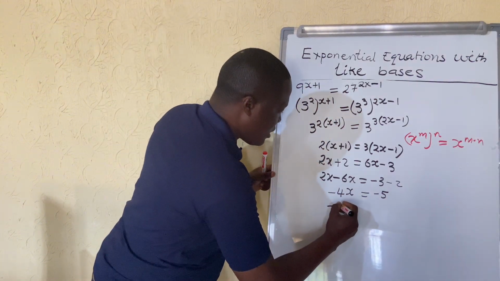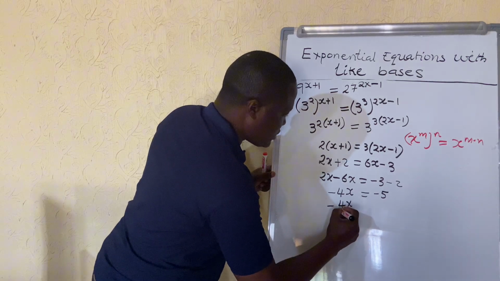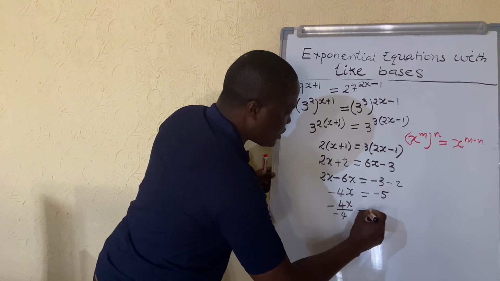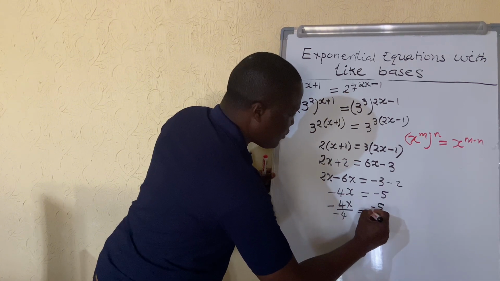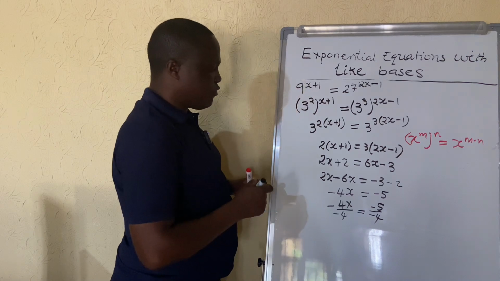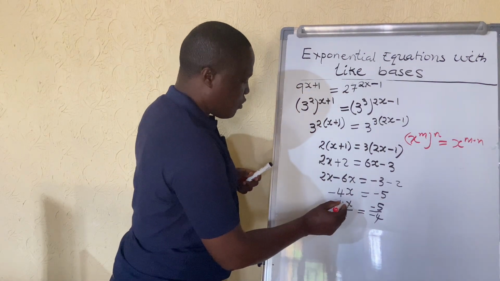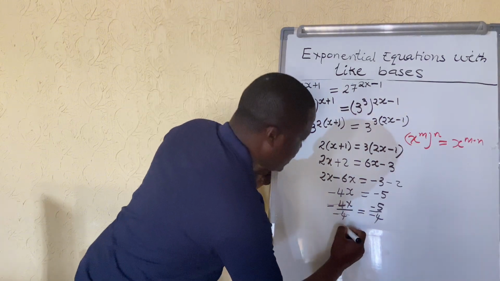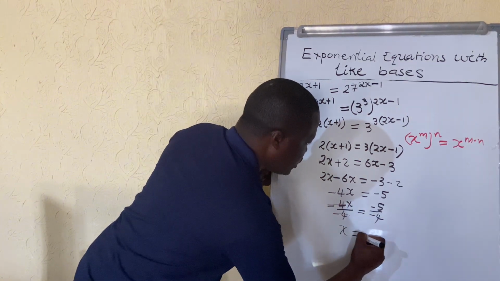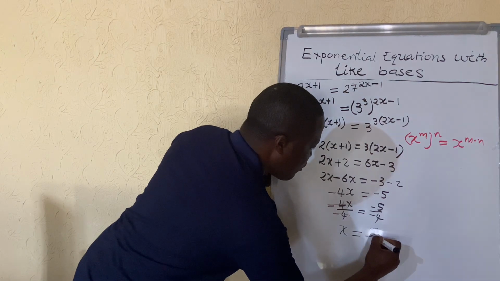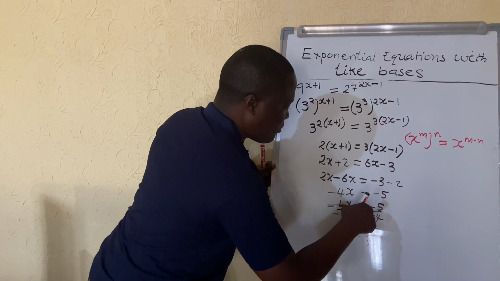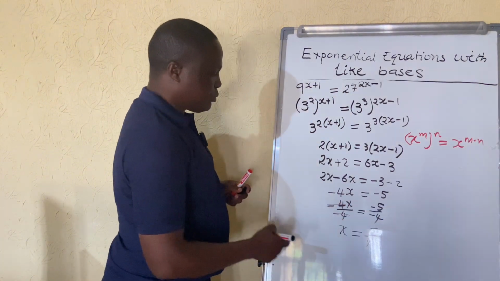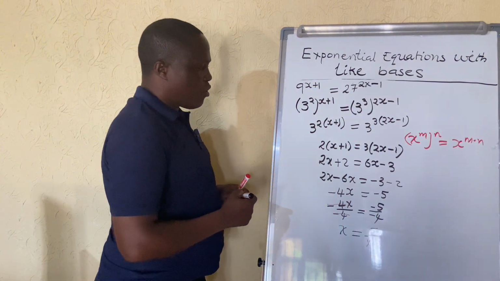So we have that minus 4x over minus 4 is equal to minus 5 over minus 4. Minus 4 cancels minus 4, and we're left with x on the left hand side is equal to 5 over 4. Because here we have minus over minus is plus. So x is 5 over 4.